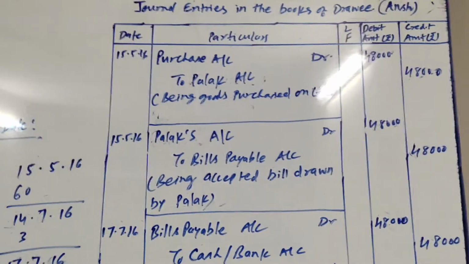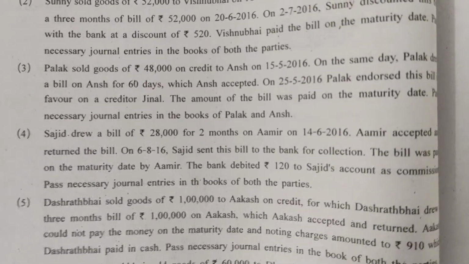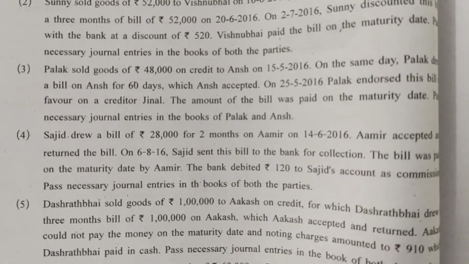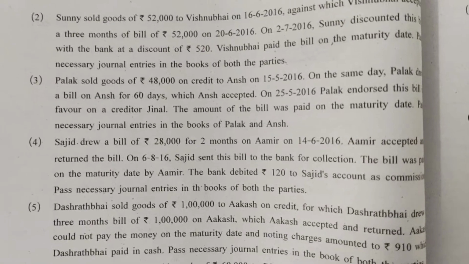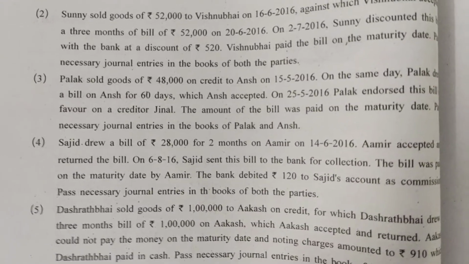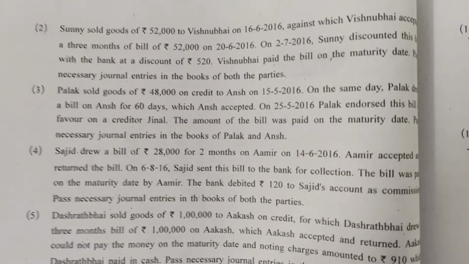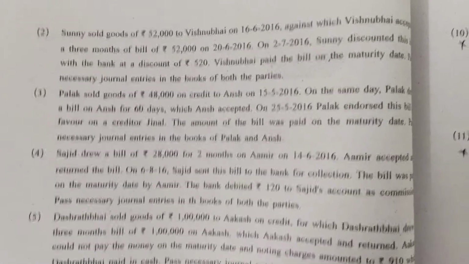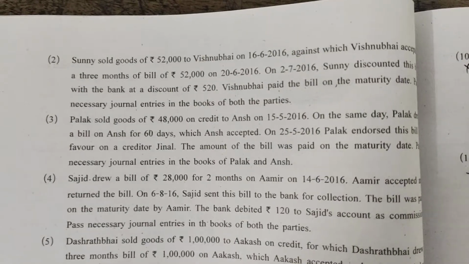Now it is given that the bill is endorsed in favor of creditor Zinal. So entry will be there in the books of Zinal and in the books of Palak. We are not making books of Zinal, so we will pass entry only in the books of Palak. As we have seen, entry for endorsement of bill is endorsee account debit to bills receivable account.